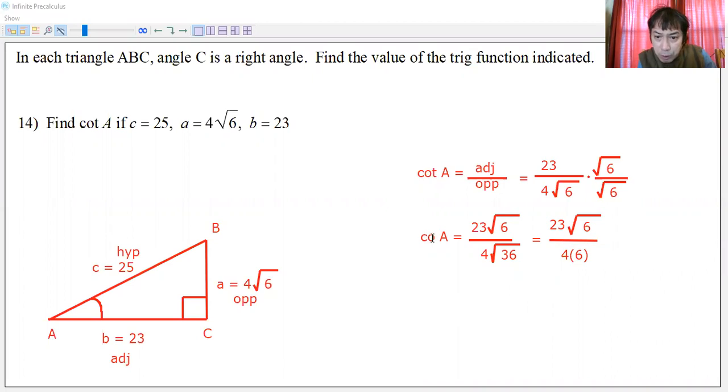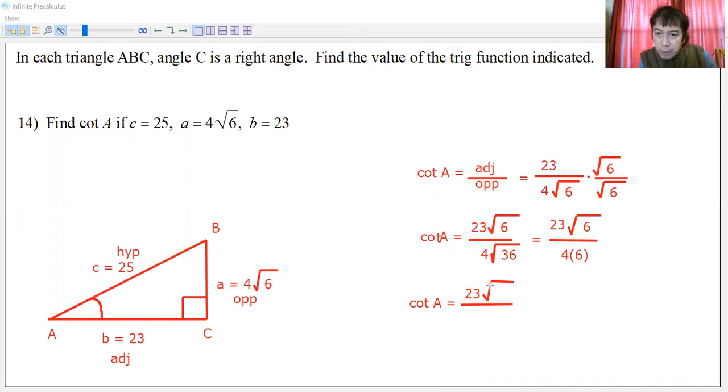Now this is cotangent. Let's put a letter T here. Yes, it's cotangent A. So this will continue to the next. Cotangent of A is equivalent to, let's have our final answer: 23 times the square root of 6, and we have the division symbol.